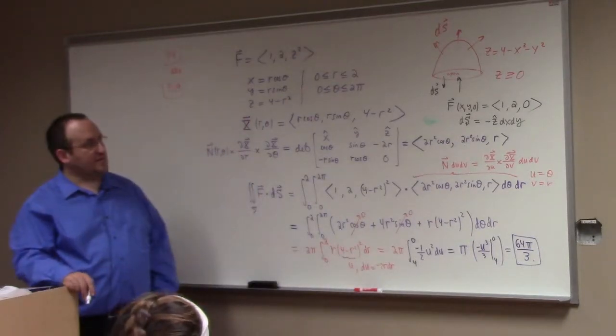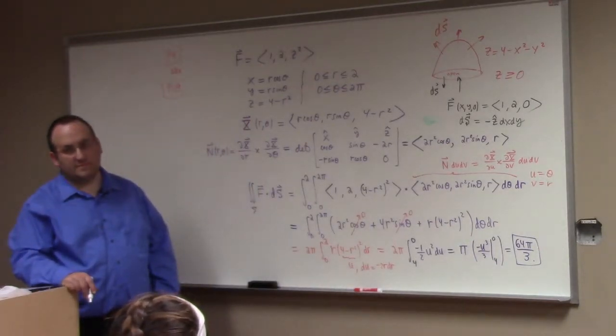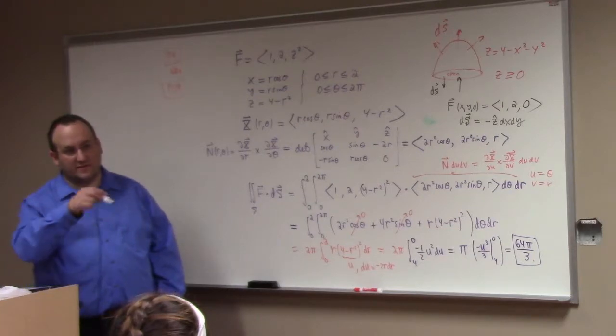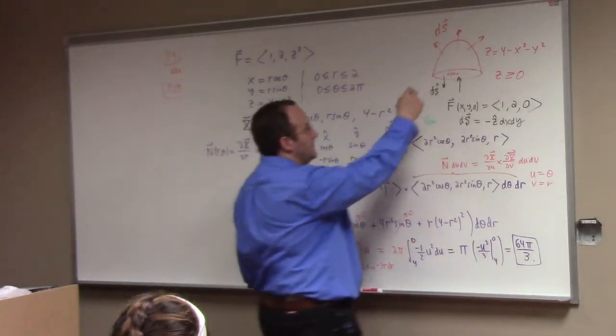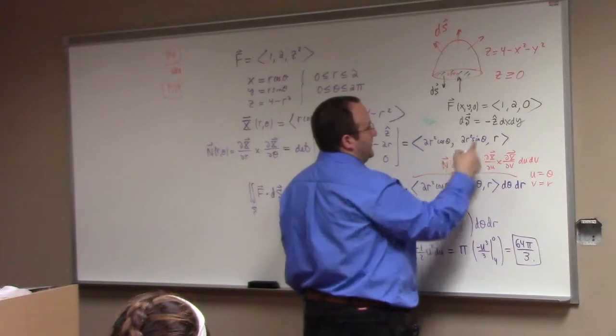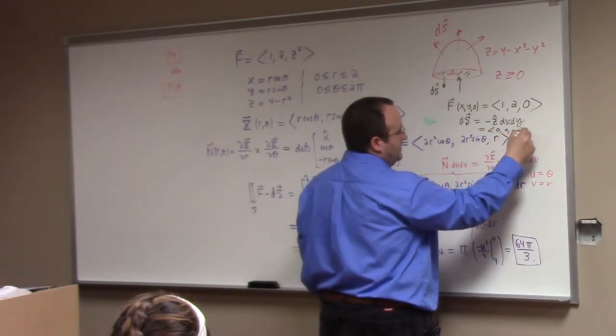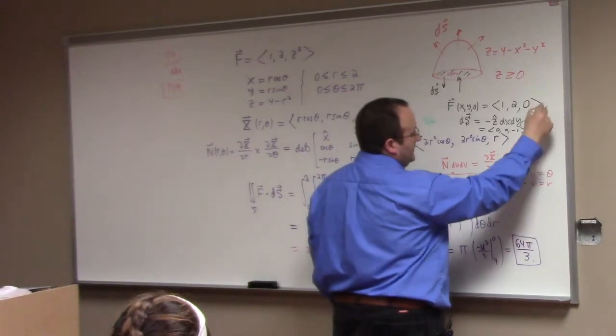So what's the flux of that vector field through the base? If we take the dot product of the vector field evaluated on the parameterization of the base of the disk down here with this dS, which is 0, 0, minus 1 dx dy, look at these two.